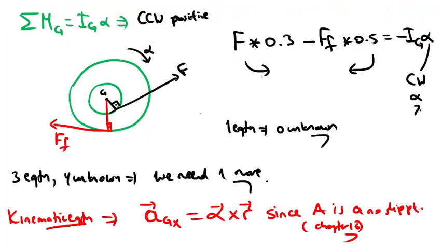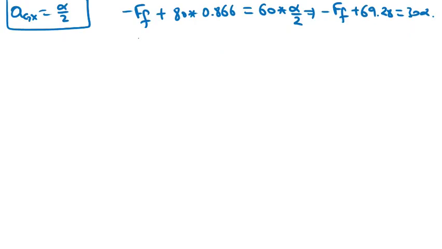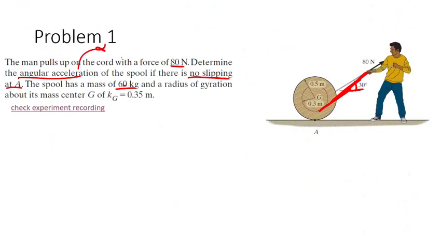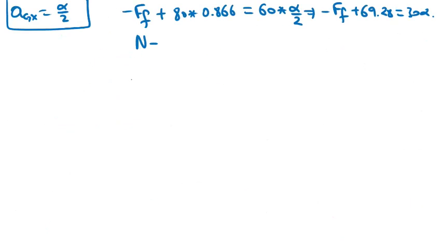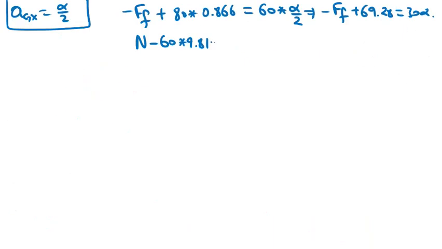Then comes the second equation, which is N minus W plus F sine 30 is 0. So N minus W is m into g. m into g is 60 times g, plus the F sine 30, which is 80 times 1/2, that will be 0.